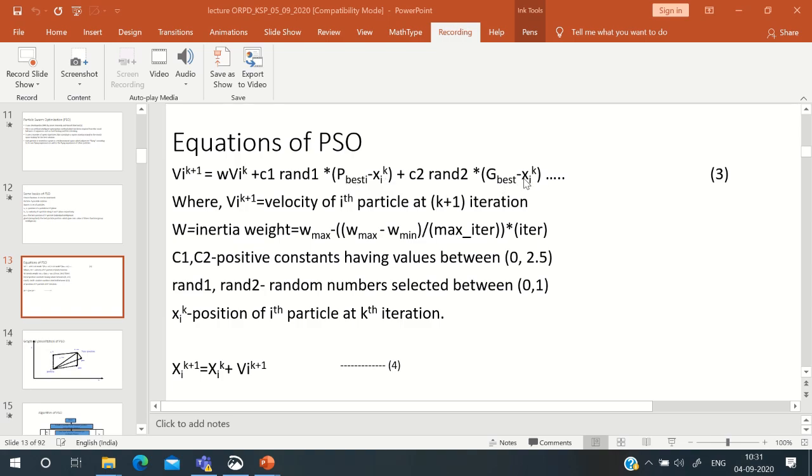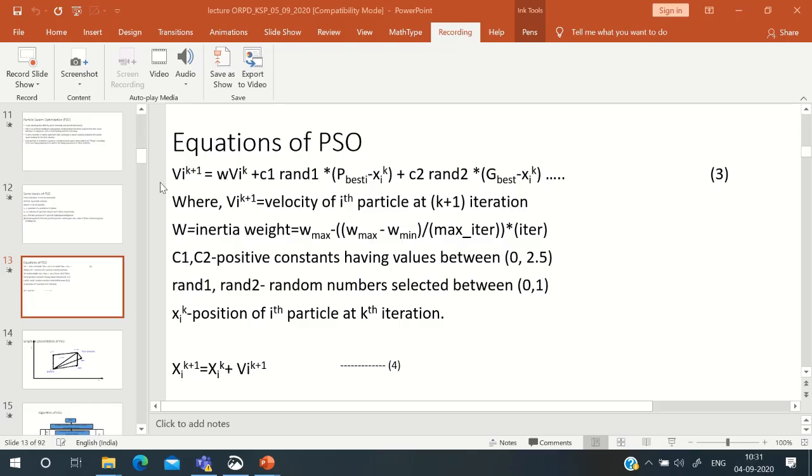And in this third term, the current position of the particle, see this term and this term are the same, the current position of the particle is subtracted from the king particle. So the current particle will try to follow the global best particle.